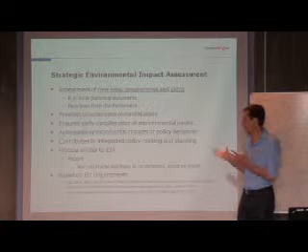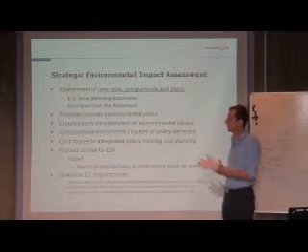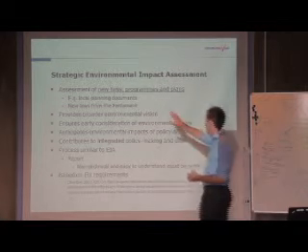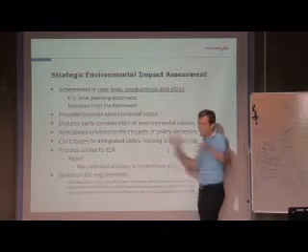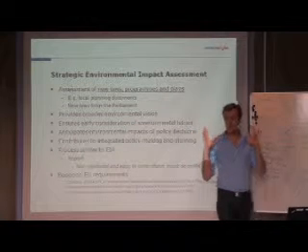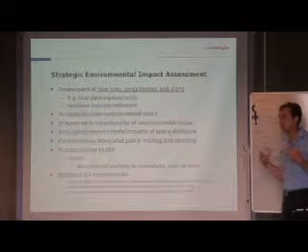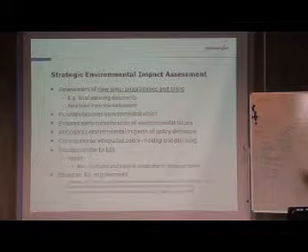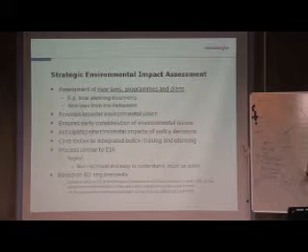Using the strategic impact assessment, one would look at your master plan. A strategic environmental impact assessment is a very high-level assessment, trying to identify which problems may arise when we get down to the environmental impact assessment level.